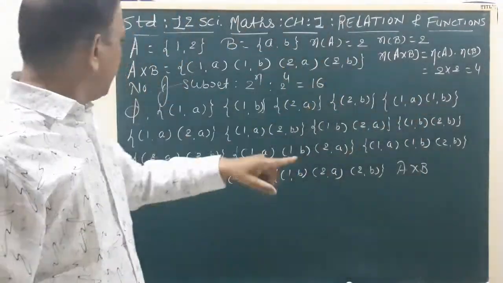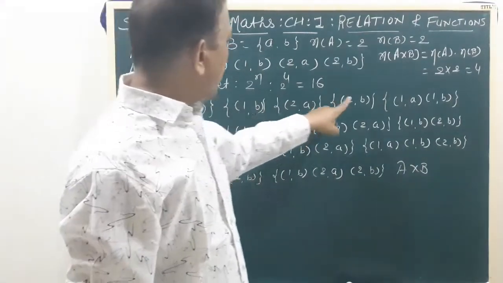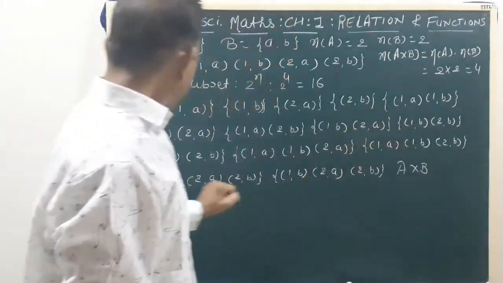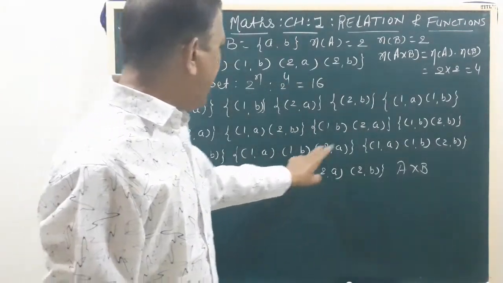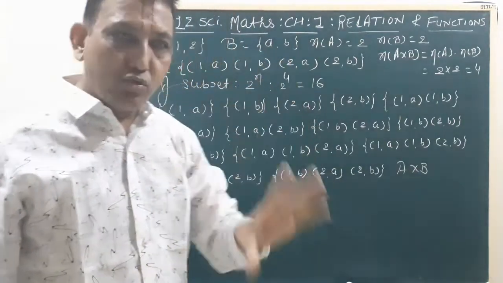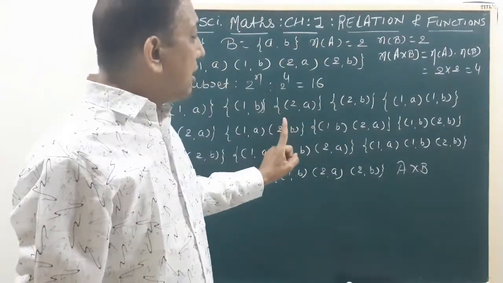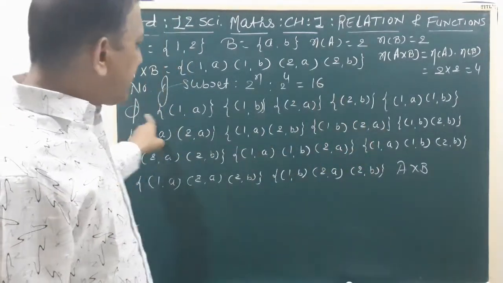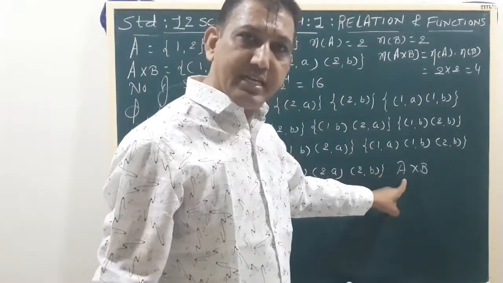Now count this: 1, 2, 3, 4, 5, 6, 7, 8, 9, 10, 11, 12, 13, 14, 15 and 16. Right? A total of 16 subsets are possible. The first is the empty set and the last is the universal set.